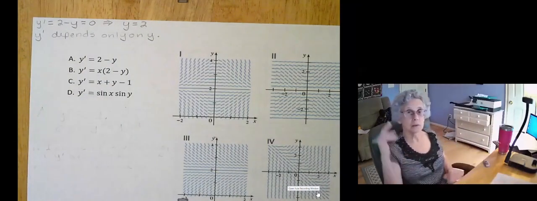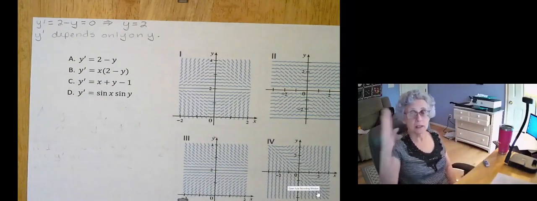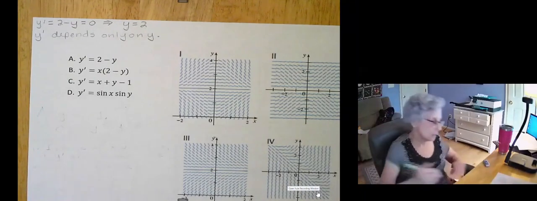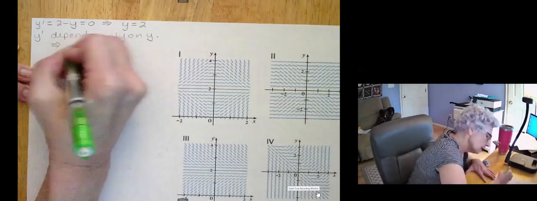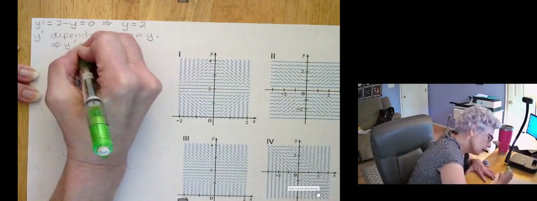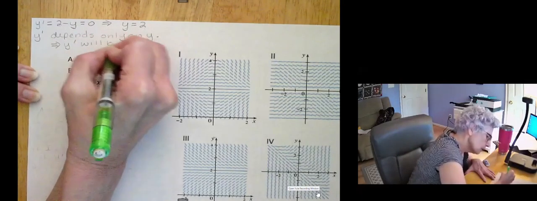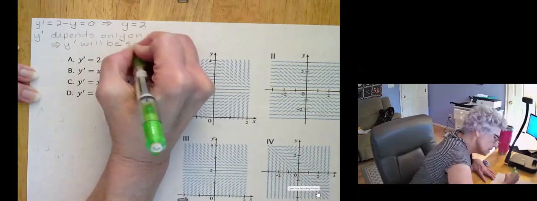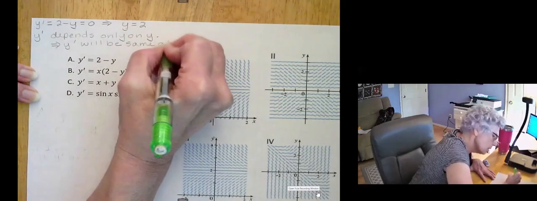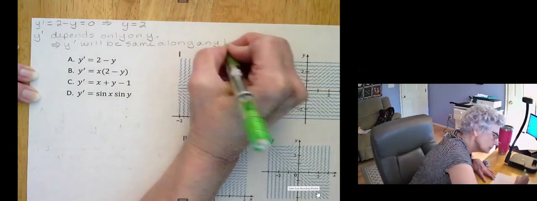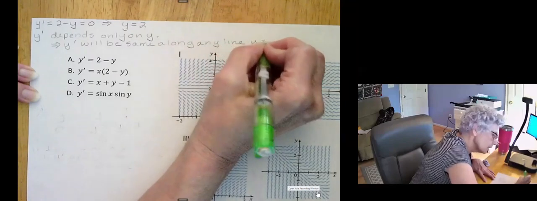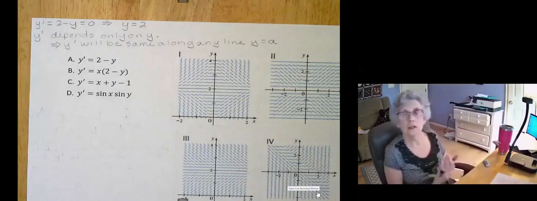So if I choose a value of y, then my slopes should all be the same. So since it depends only on y, this means that y prime will be the same along any line y equals a.